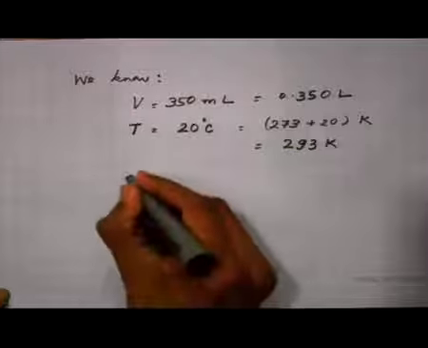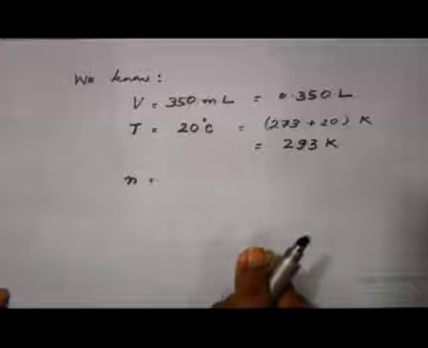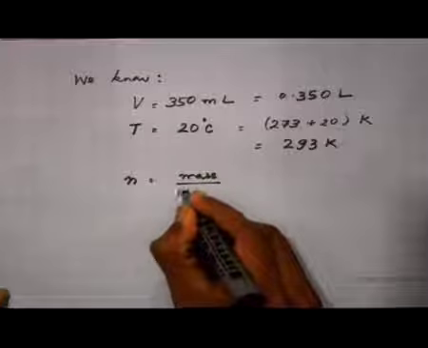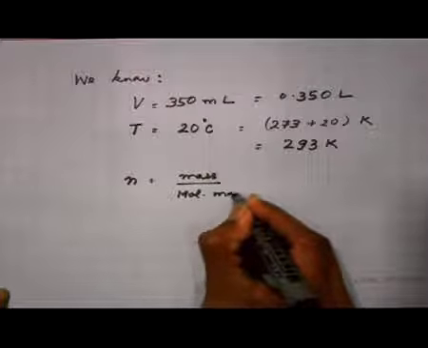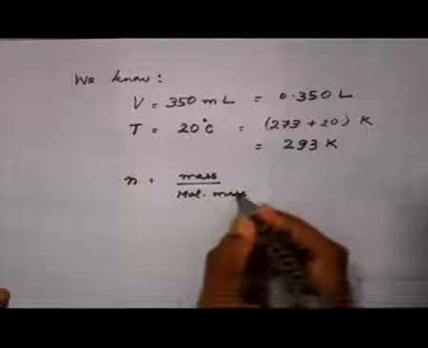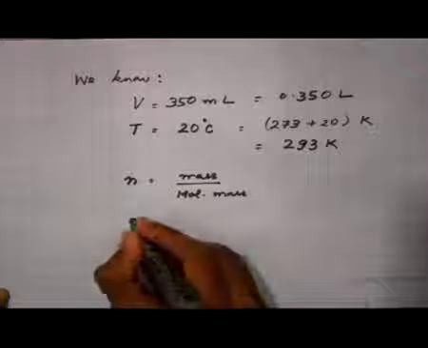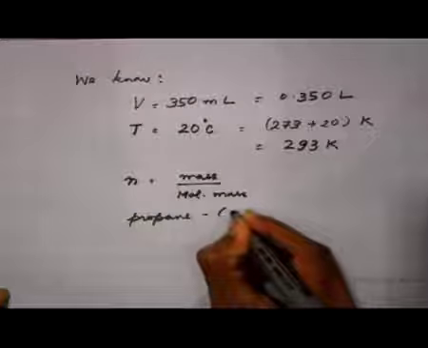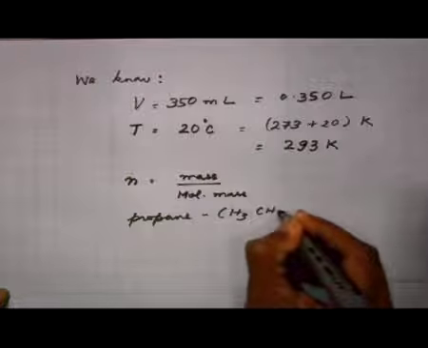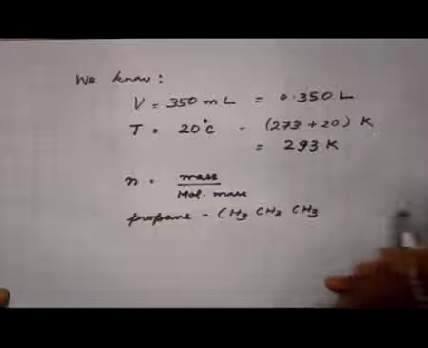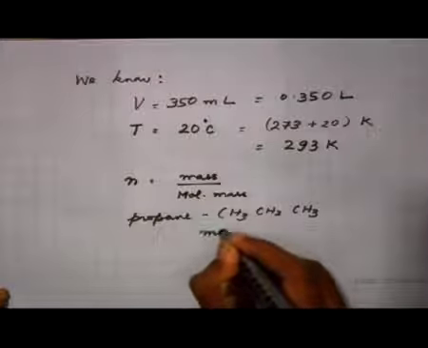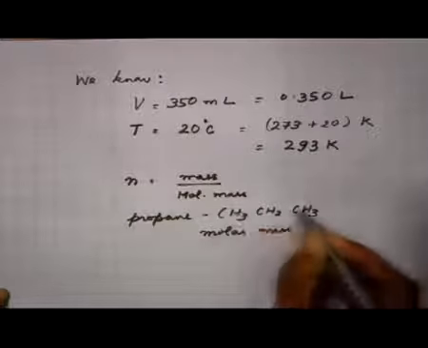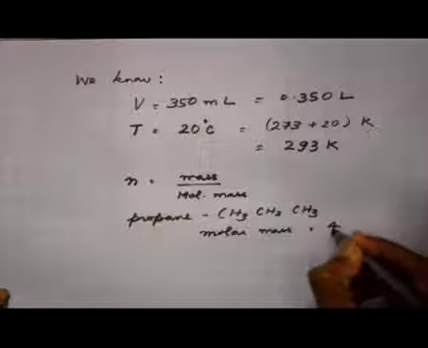Now, we need to determine N. N is the number of moles, which is the mass divided by the molecular weight, molecular mass. So, the molecule that we are looking at is propane, which is CH3, CH2, CH3, that has a molecular mass, molar mass of 15 plus 15 is 30, 44 grams per mole.